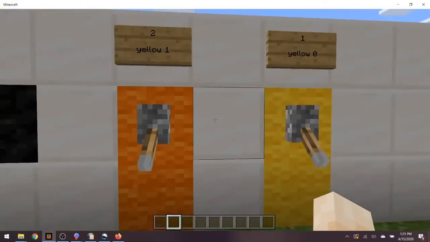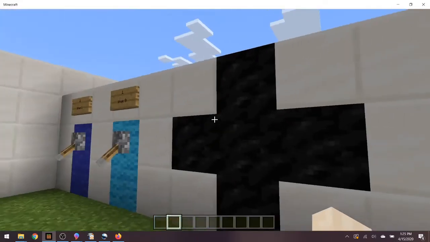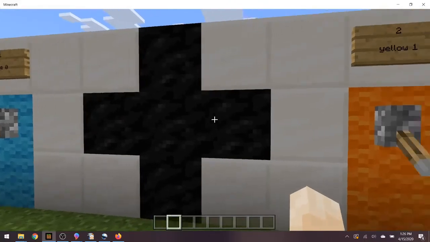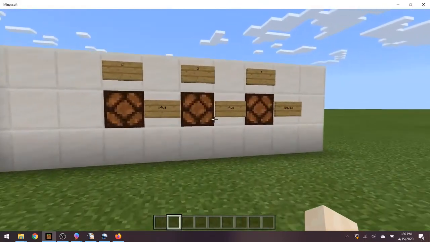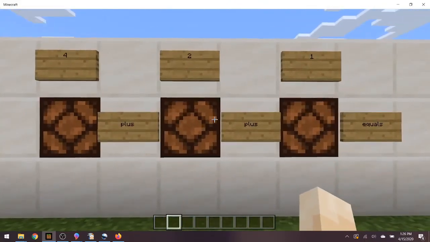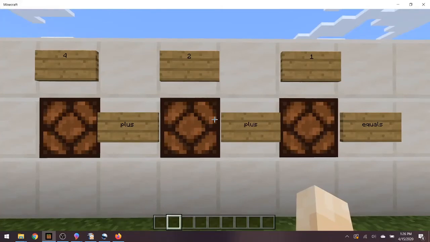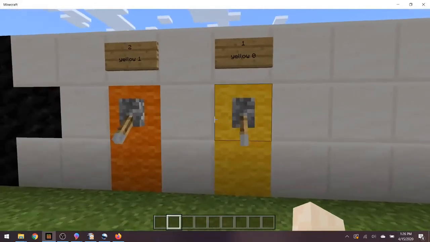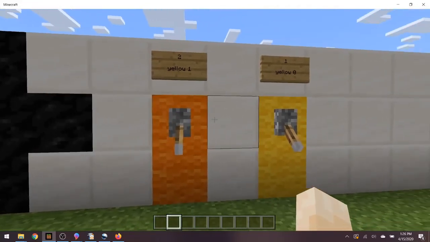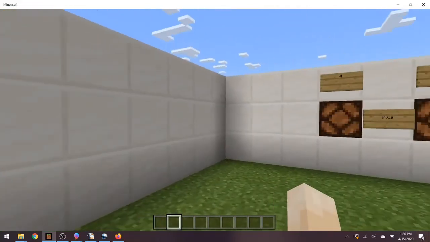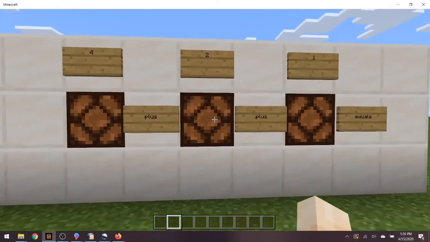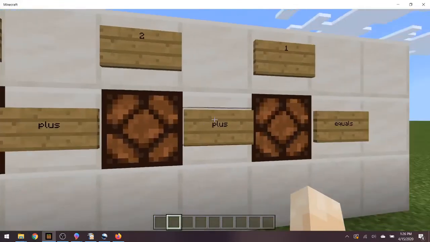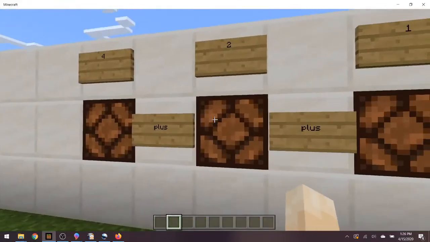So this would be like the second number. And this just represents a plus sign. And then over here, I've got where answers are going to come up. So if you're adding two numbers that are 2 bits, then you could actually get a 3-bit answer. And we'll get to that.